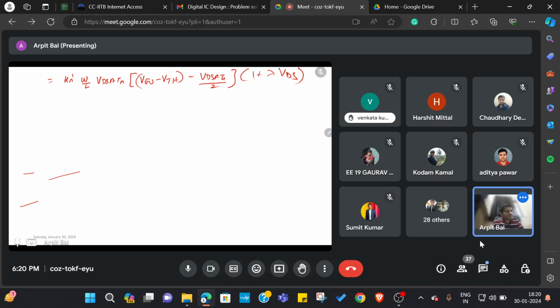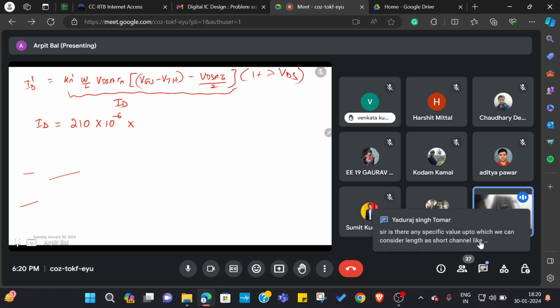Let us call the part before the lambda term ID, and the complete equation ID dash. Let's find out ID first. ID is Kn dash, given to us as 210 into 10 power minus 6, times W by L.